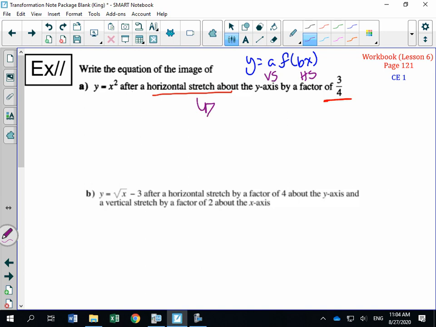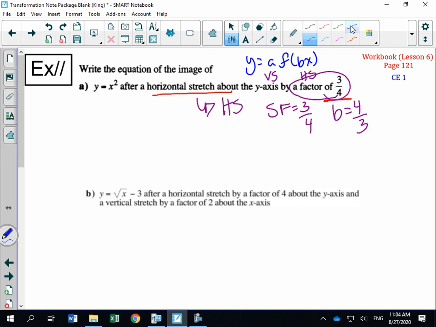So this is going to have to do with our b value, horizontal stretch. They say that the stretch factor is 3/4. Remember, the stretch factor is always the reciprocal of the b value. So if our stretch factor is 3/4, our b value is 4/3. Okay, that would be our b value.